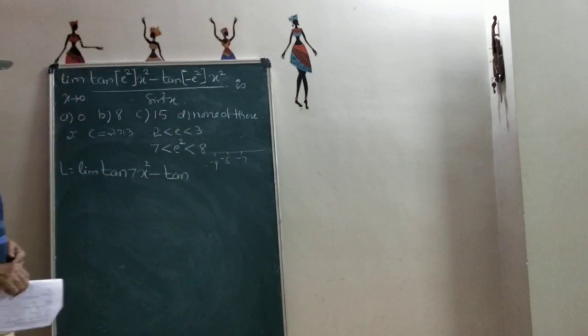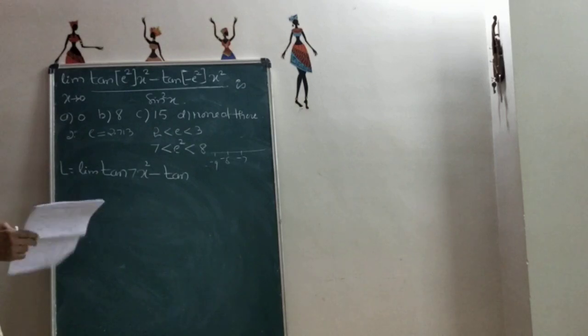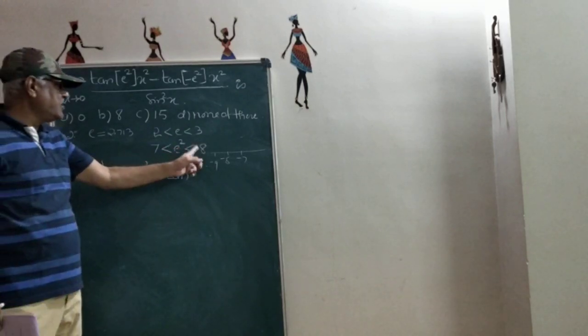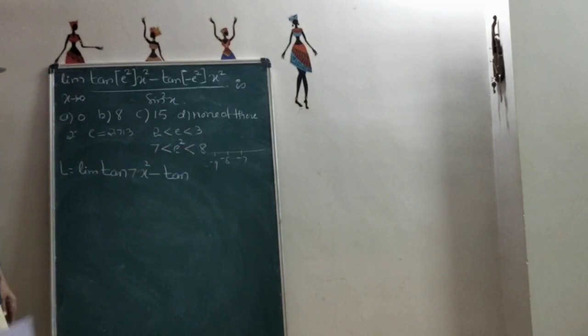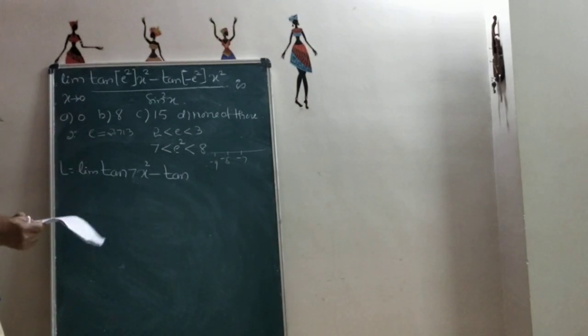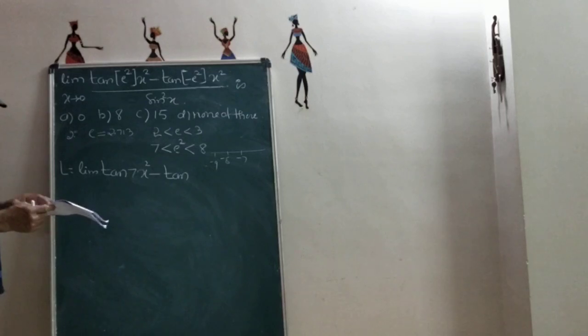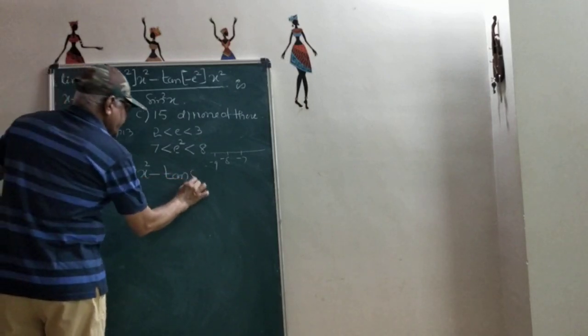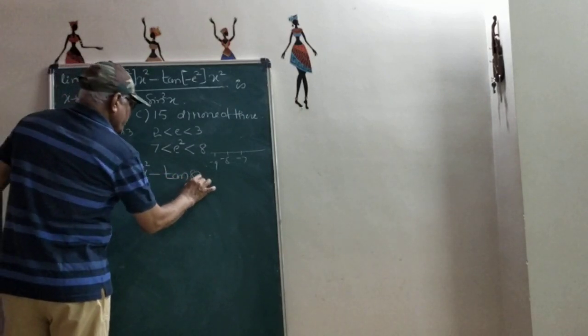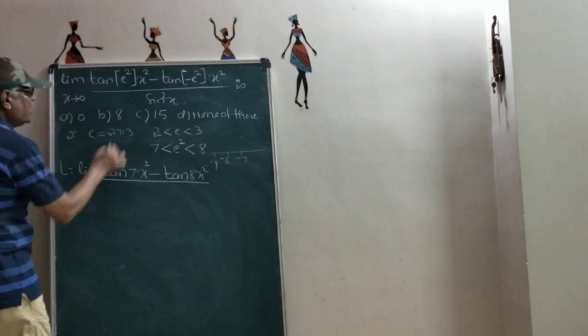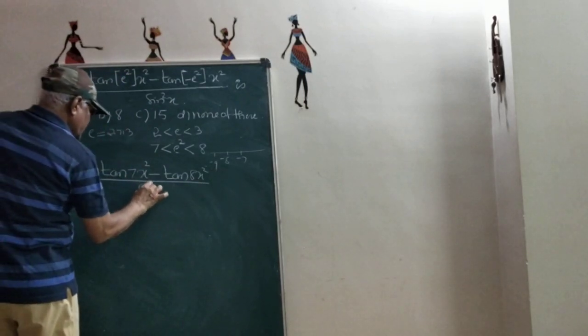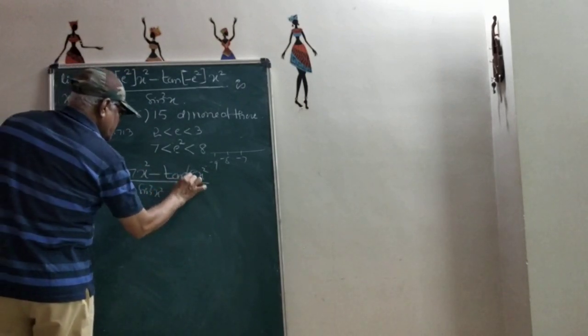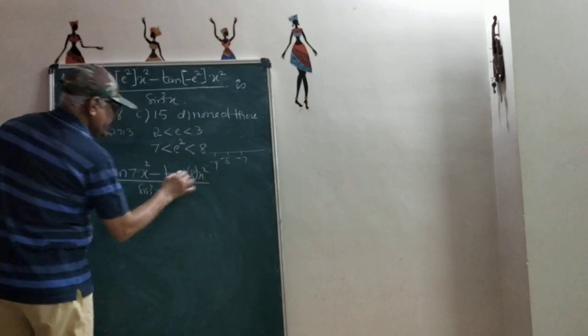So the integer less than minus 8 is given by how much? That is 8 into x square, divided by sine square x square, sine of minus 8 into x square.